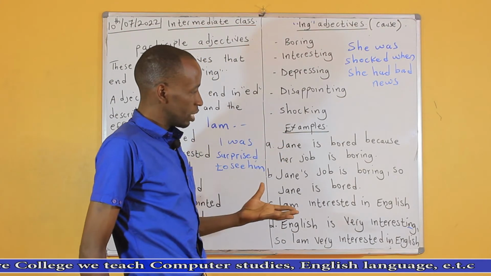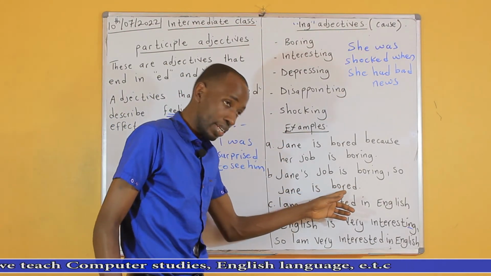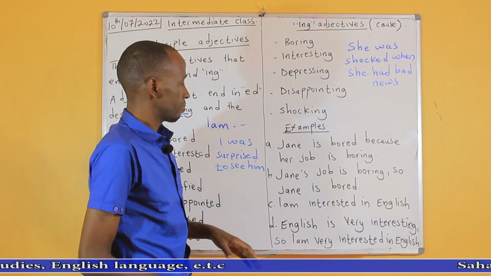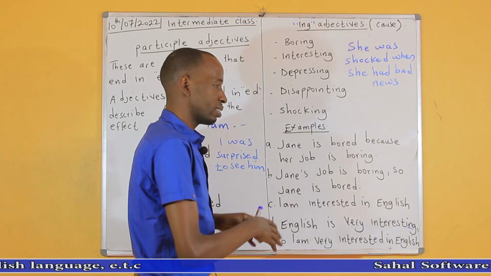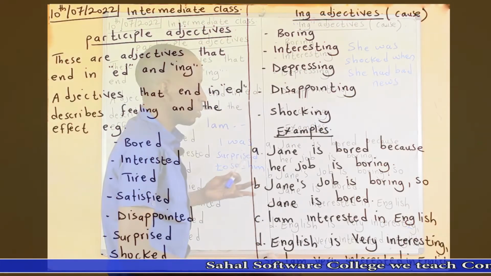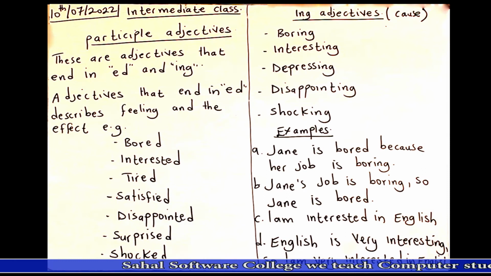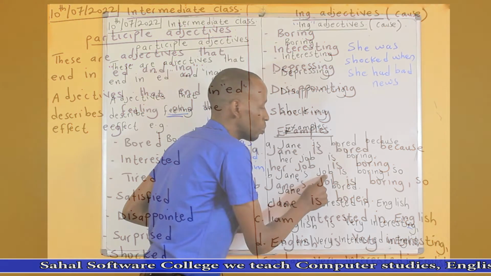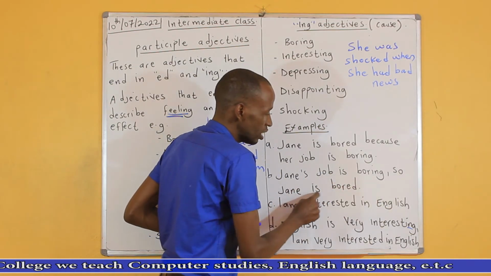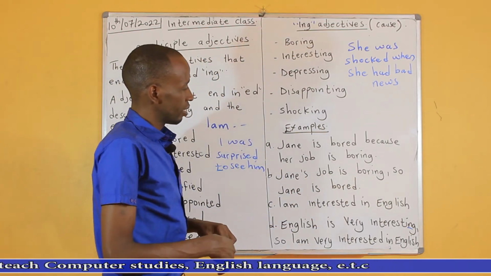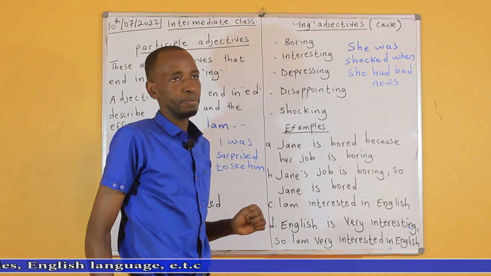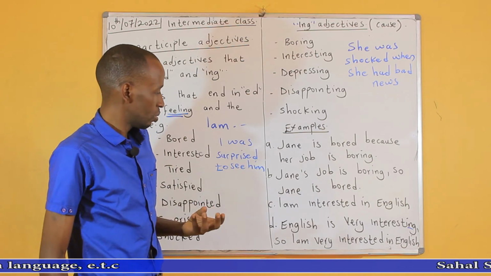So you cannot say Jane is boring because there is no reason why Jane is boring. Here we see that the job is the problem. So Jane's job is boring, so Jane is bored. The problem is the job for Jane.